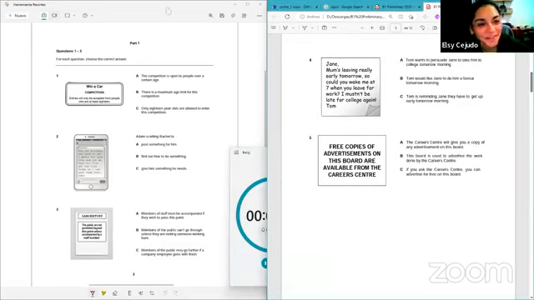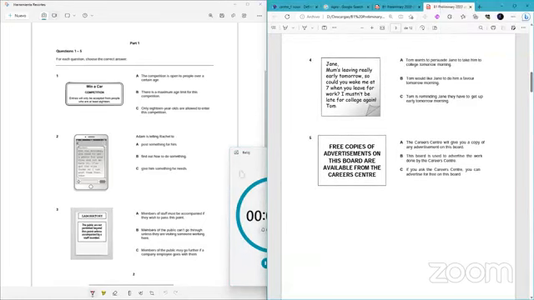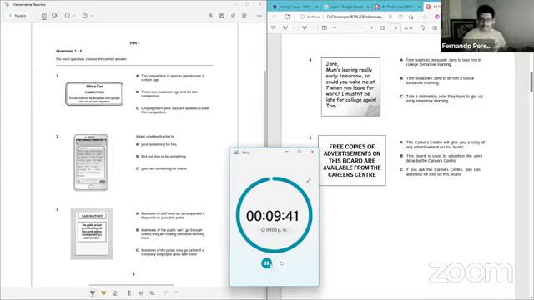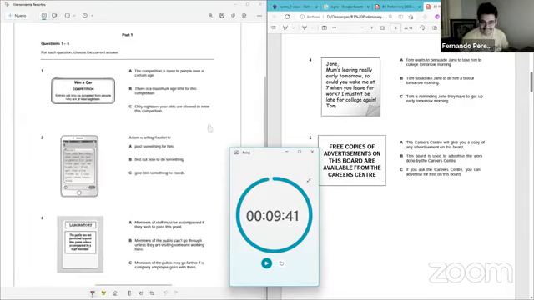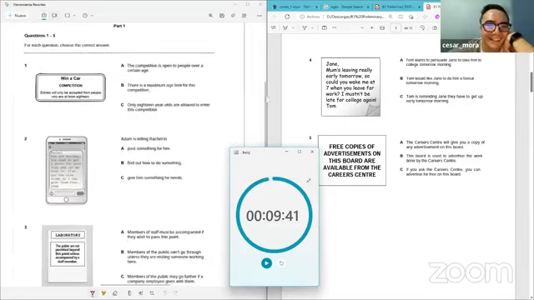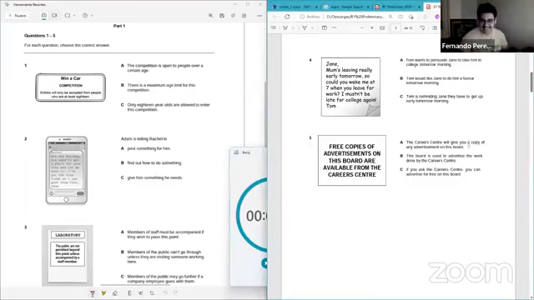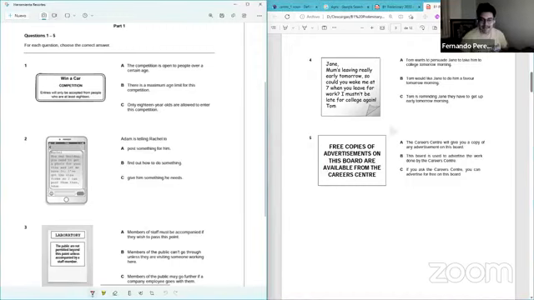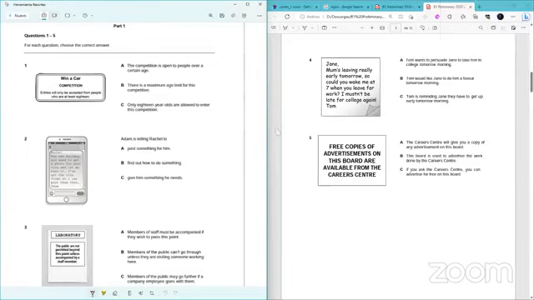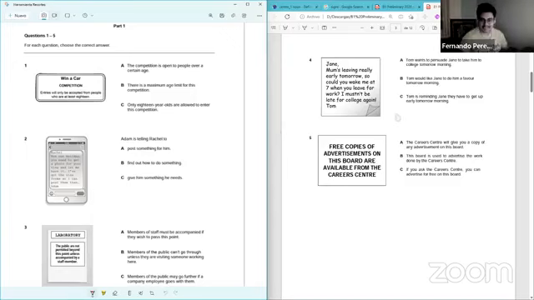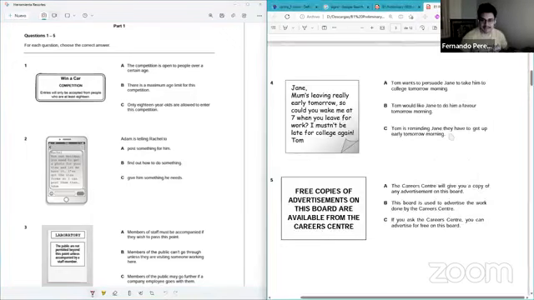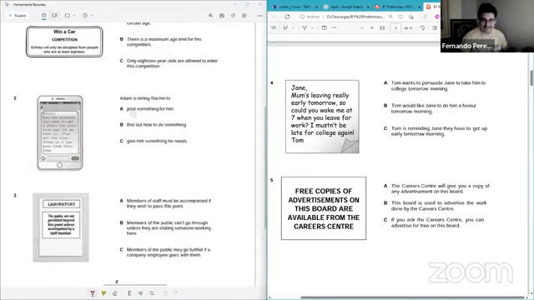Teacher, I don't see it all. It's very small. What about now? Better? The first, more or less, and the second, oh, it's too small.